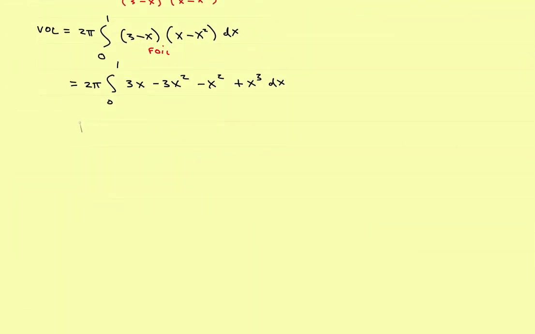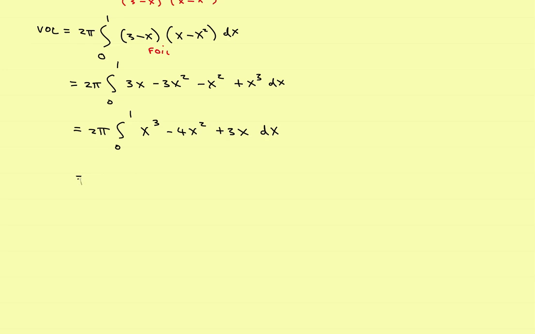Okay, now let's rearrange it first. So I'll make this 2 pi, and this is going to be the integral from 0 to 1. And I'm going to put them in descending order. So I'll have an x cubed. And then I've got minus 3x squared minus x squared, which will give me minus 4x squared. And then I've got the plus 3x on the end. So it looks like that.